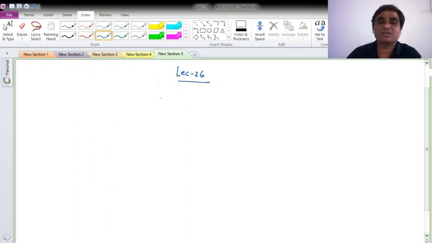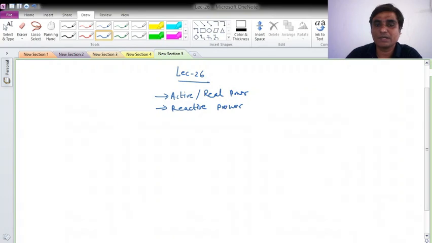There we have seen two types of power. One was the active or real power, and the second was the reactive power. We also saw how to compute the active power and reactive power.